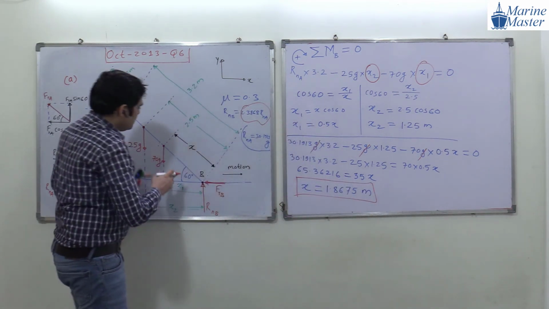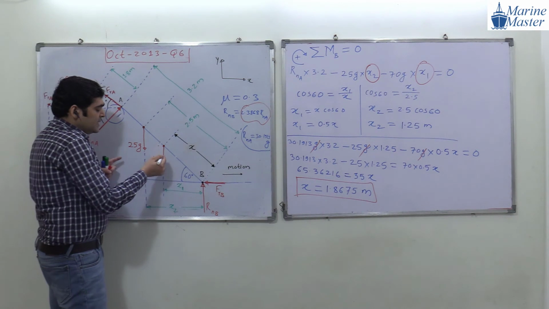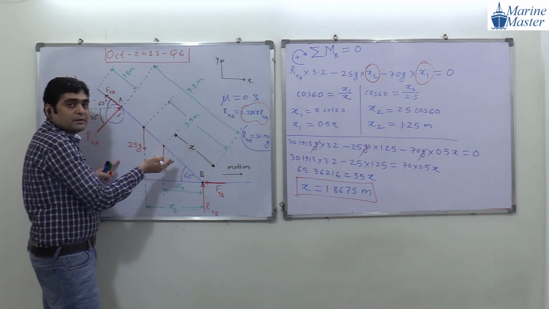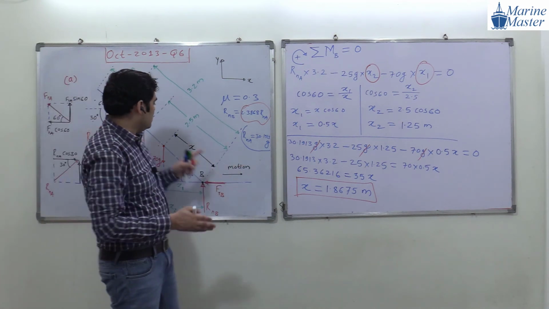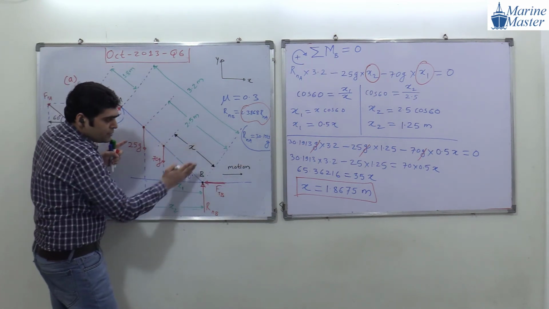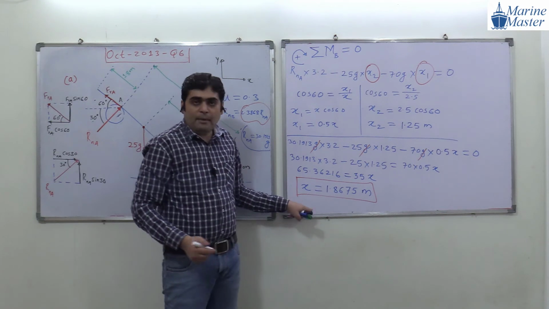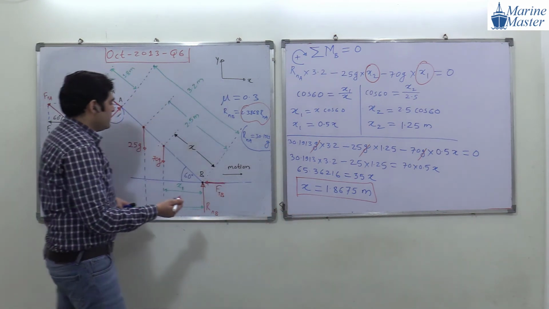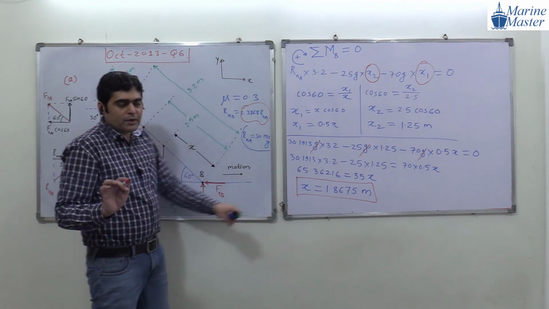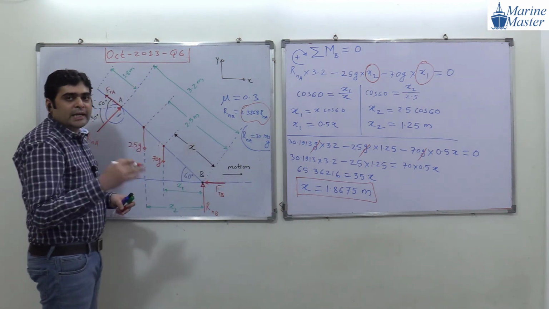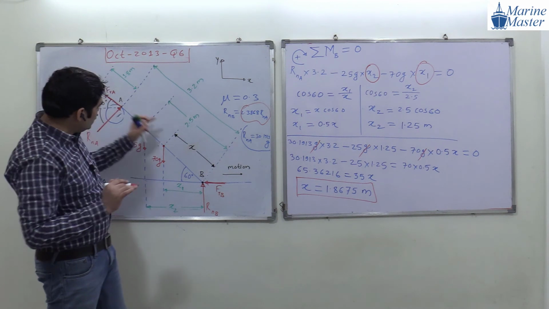This 70 kg mass can be anywhere, but we assumed here it is below, and our assumption is correct, because it is coming below the 2.5. Initially we didn't know its exact position. Now we know it is below 2.5.